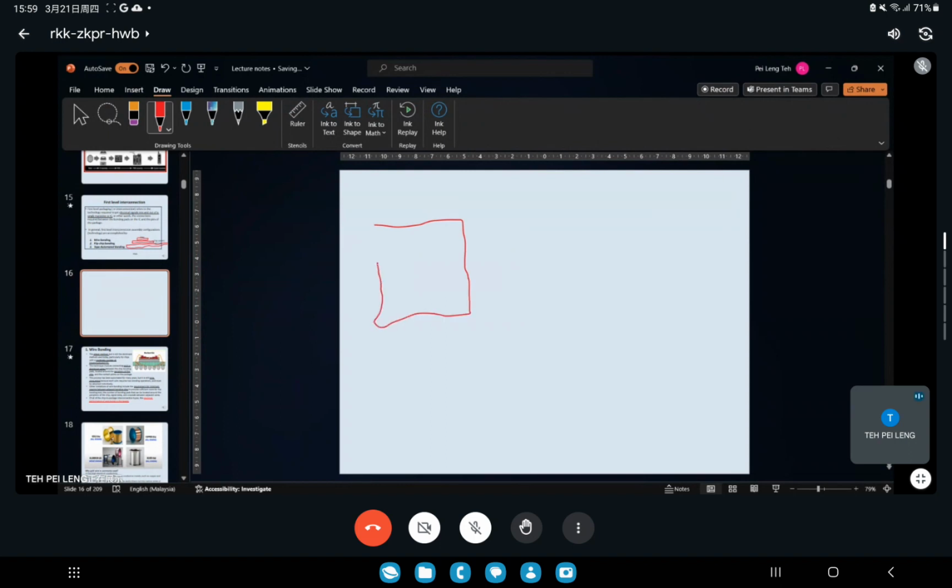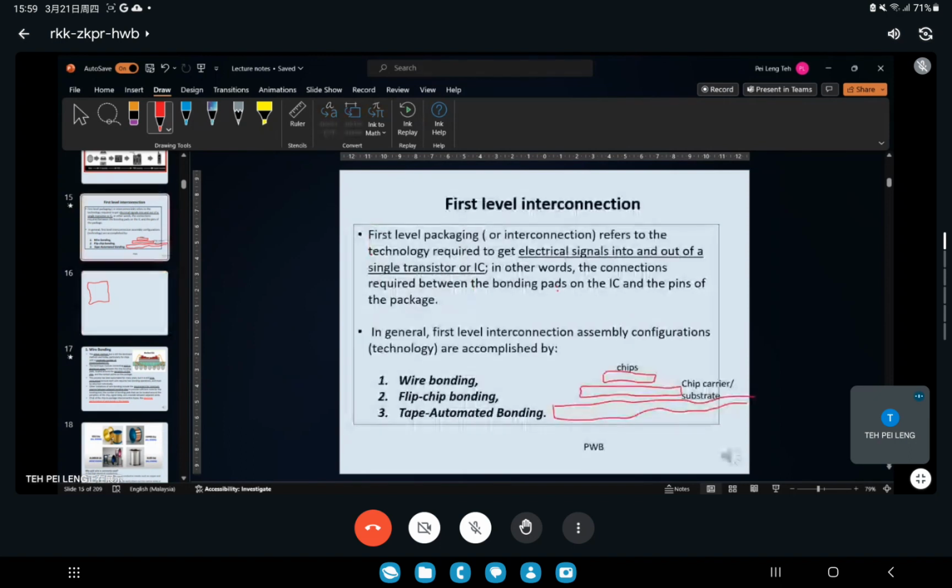Very ugly, but accept it, okay. So how to attach? This whole thing is plastic. How to attach? So that's why we have this one.